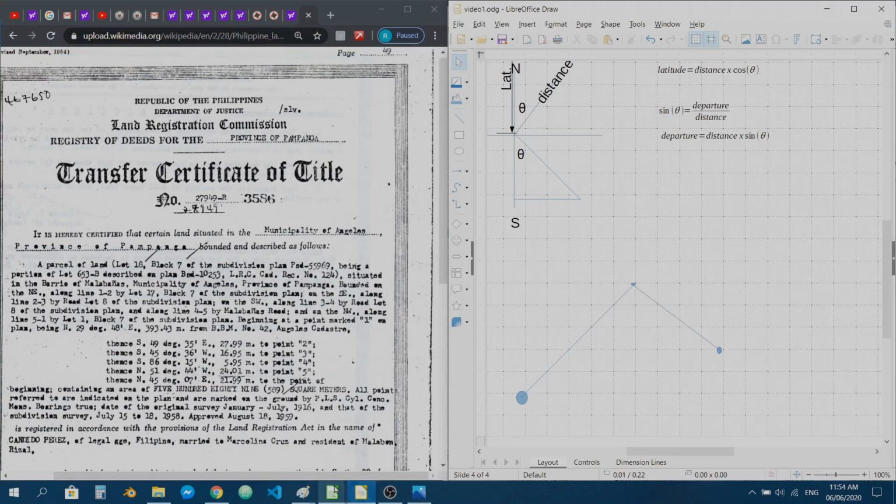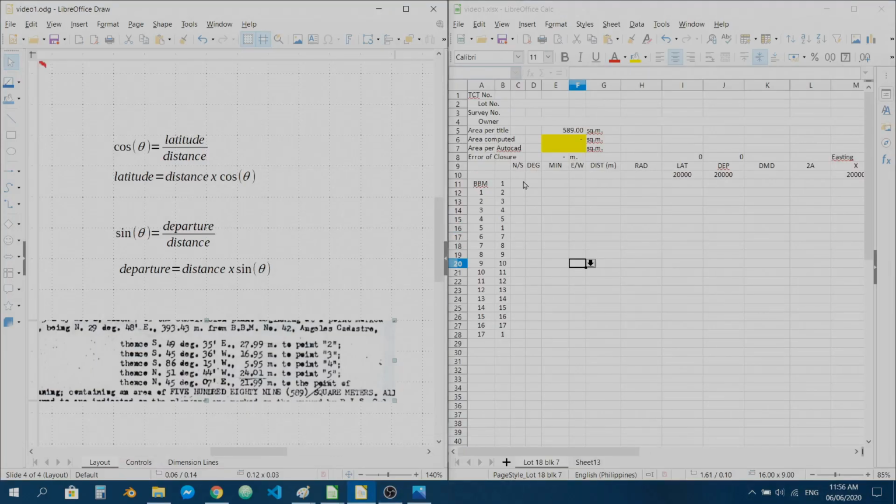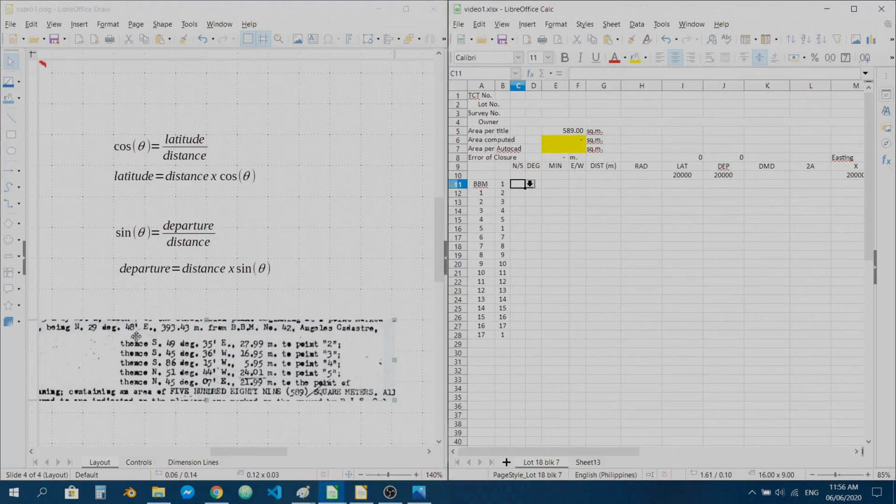We will now proceed to our Excel file. Okay, so here is our input, from BBM to 0.1 north, either one you can choose there. This is 0.1, so 29 degrees in the degrees column. 29, then 48, then east, then the distance, 393.43.